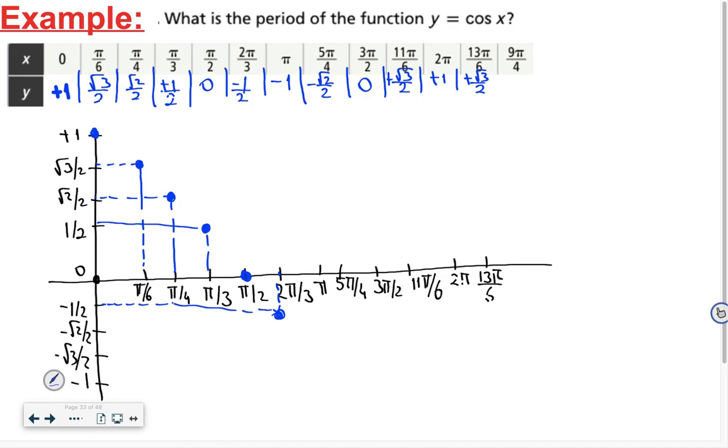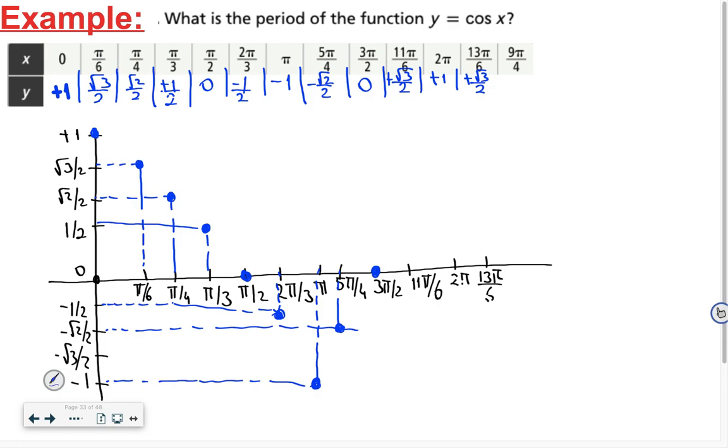If it is pi, it's going to be negative 1 here. If this is 5 pi over 4, it's going to be negative radical 2 over 2. If you substitute 3 pi over 2 into the function, you will get 0.